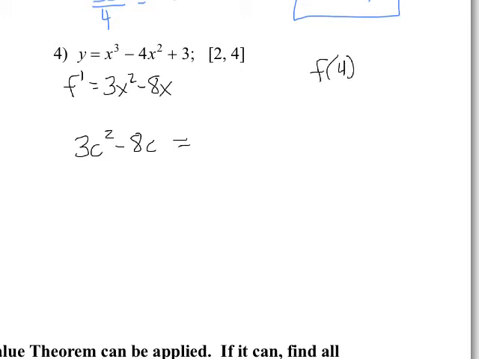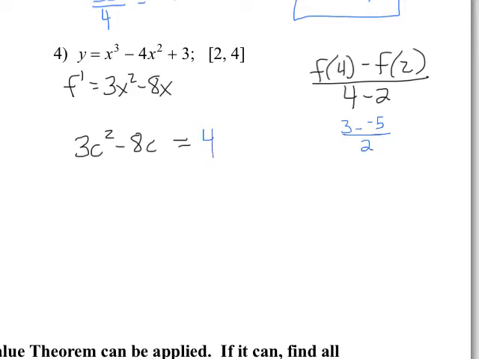So f of 4 minus f of 2 over 4 minus 2. And we can crunch those numbers with a calculator. We get 3 minus -5 over 2, which is 8 over 2, or 4.